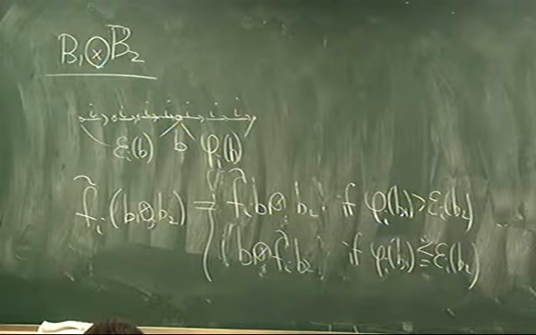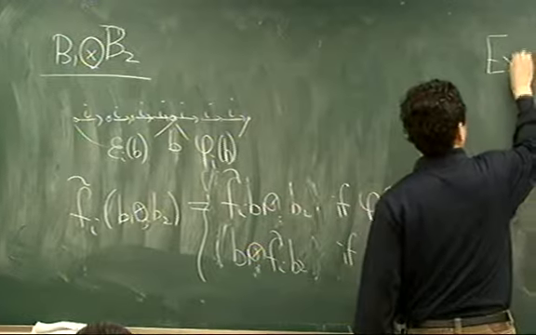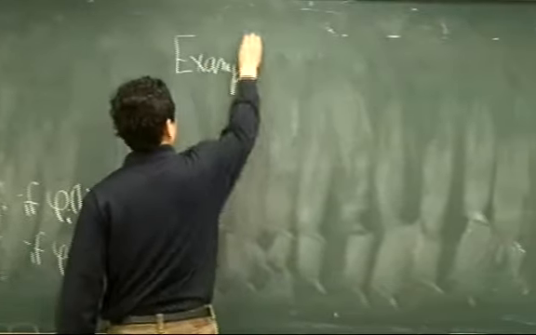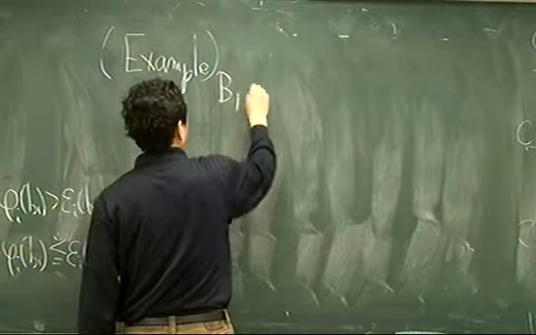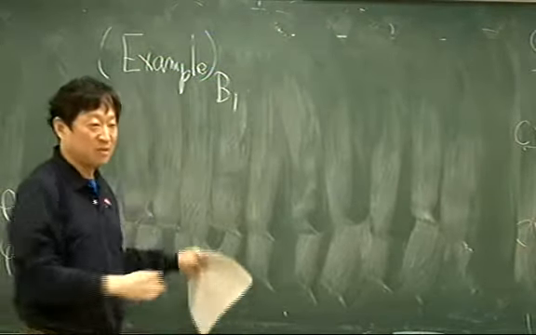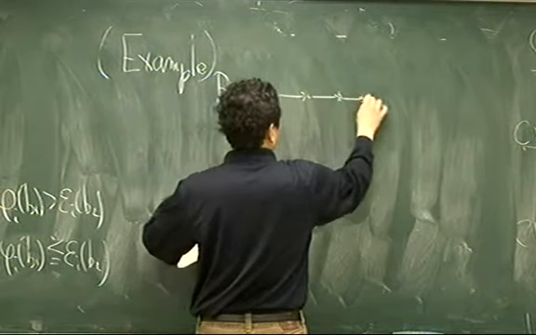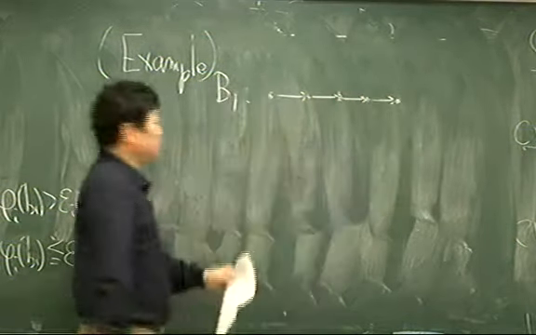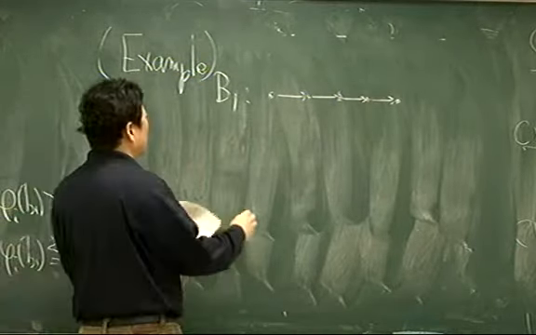For example, if we have B1, Kashiwara writes this way. Here is B1. I will drop the notation i, because we will consider only one color of arrow.